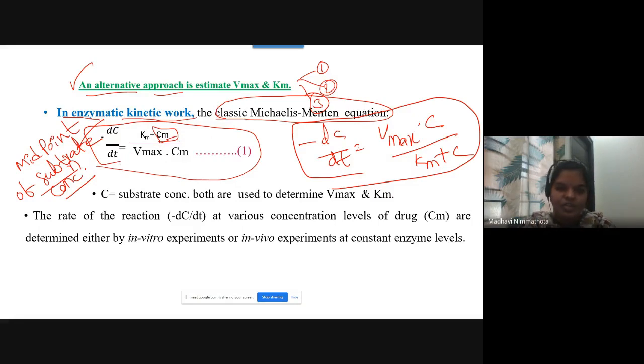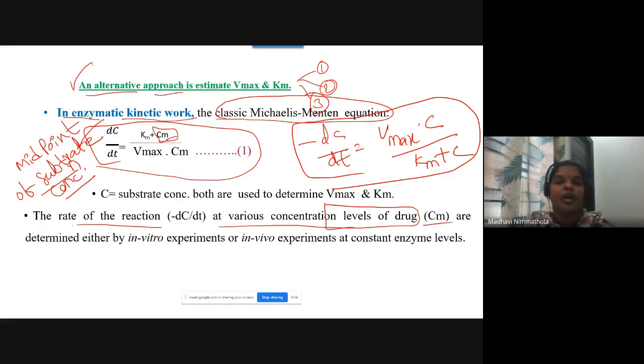So first you should remember this equation: minus dC by dt equals Vmax into Cm by Km plus Cm. Instead of C, here Cm is there. And dC by dt is the rate of reaction at various concentration levels of the drug, that is Cm.